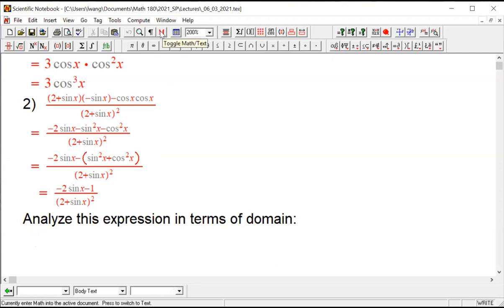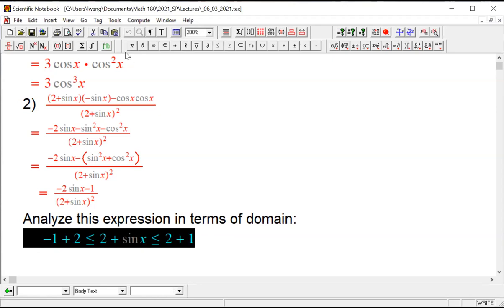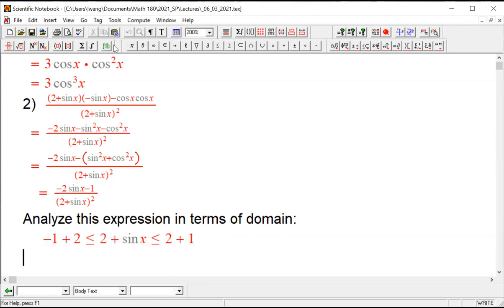Why all real numbers? Because you know sine x is between negative 1 to positive 1. So when you add 2, where do you end up? So this is where the basic knowledge is so important. You follow me?